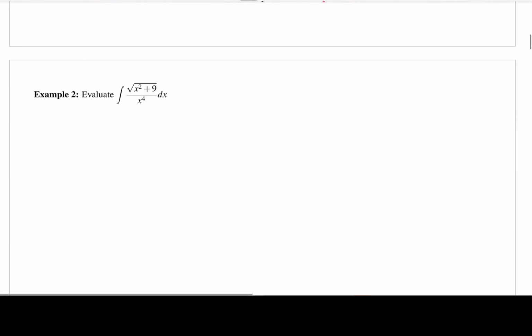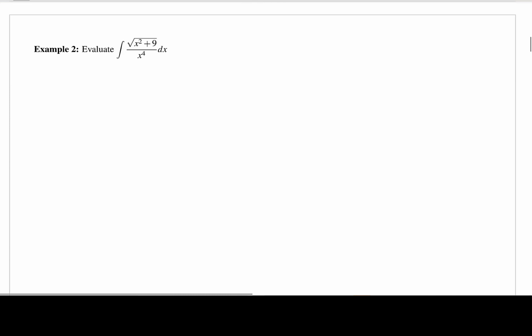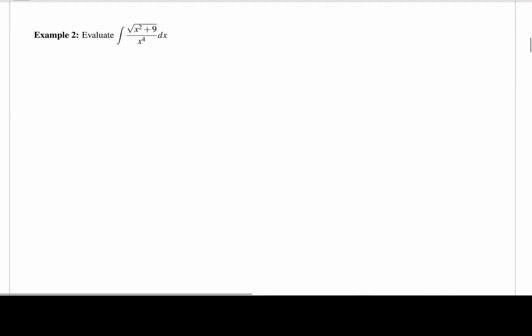So let's look at example 2 to hopefully get a better idea of how to use all the forms and what to do in different situations. So this to me looks like the square root of x squared plus a squared, or as it says in the table, a squared plus x squared.